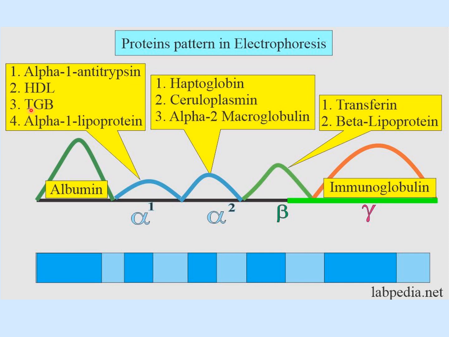You remember I said thyroxine binding globulin, TBG. In alpha-1, alpha-2 fractions, which proteins are present, and in the beta fraction and immunoglobulins. A similar picture can be on the exam, and you should know which proteins are in which fractions, and you should know functions of these proteins.